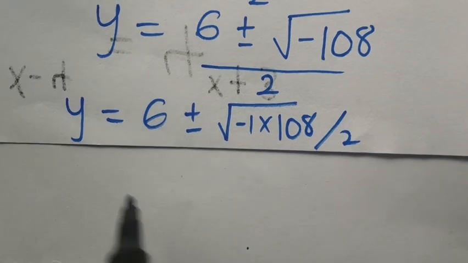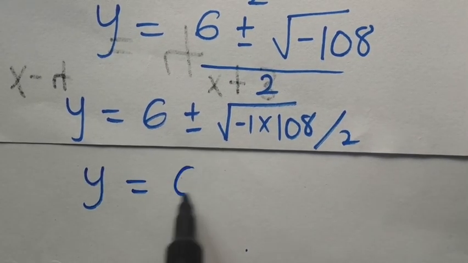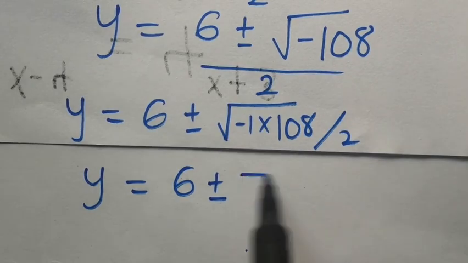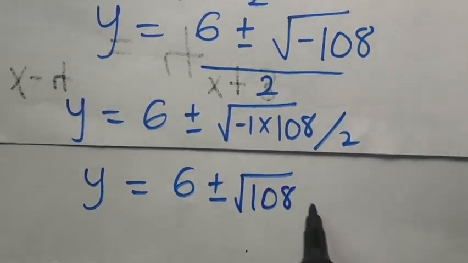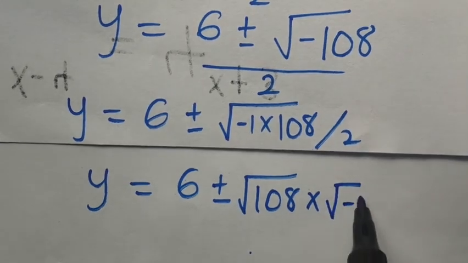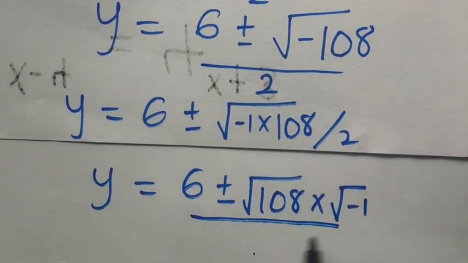So y will now equal 6, positive or negative, root of 108 multiplied by root of minus 1, all divided by 2.